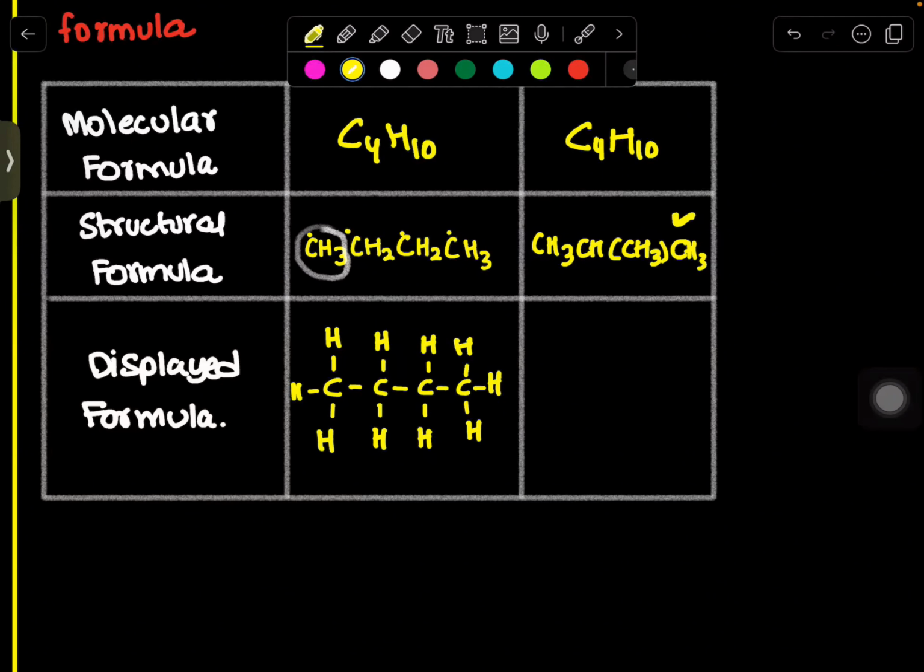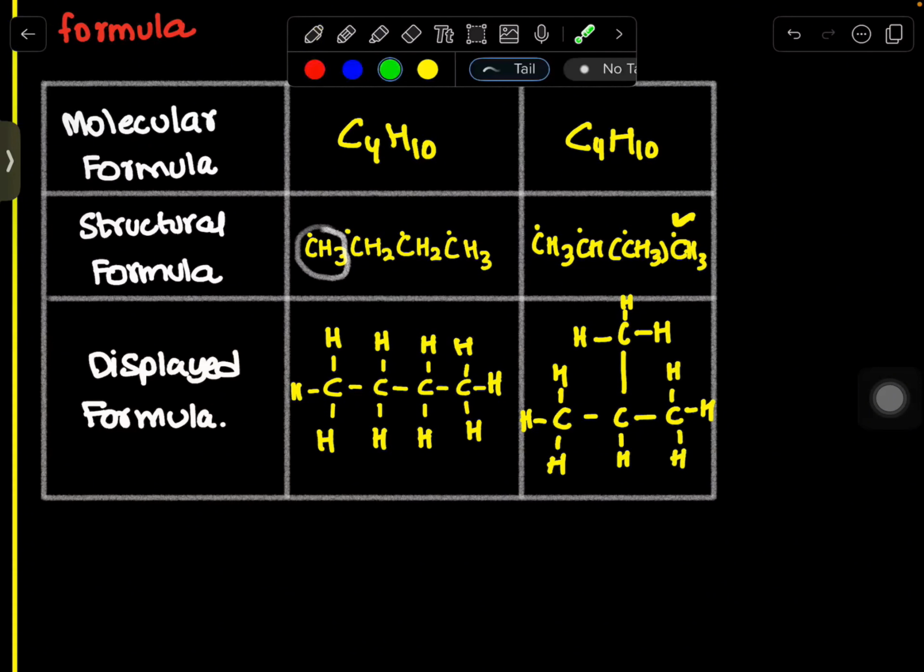For this one, you have 1, 2, 3, 4 carbons, but you see the difference is that you see this third carbon in a bracket, and then another CH3. Now, this suggests that both of these CH3s are on the second carbon. What does that mean? It looks something like this.